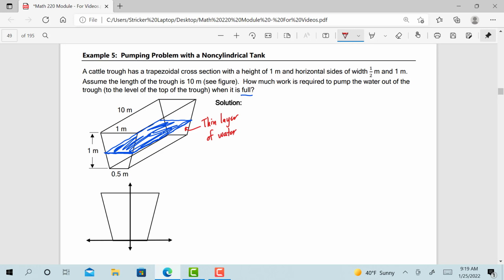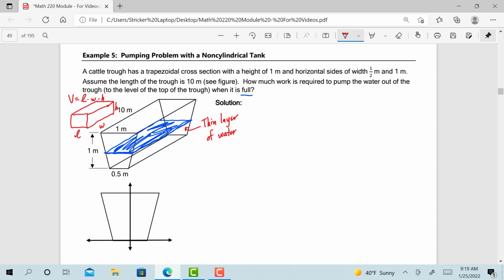And so, when you have a rectangular solid, which is what this thin layer of water is going to be, the volume is always the length times the width times the height, right? So we have a length and we have a width and we have a height.